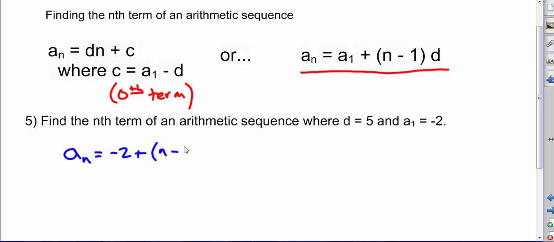I'm just going to leave n minus 1 as n minus 1 times our common difference of 5. Now that matches the format we see right over here. With a small amount of simplification, we can make this look a little bit better. So this will be 5n. We'd have minus 5 and minus 2, so 5n minus 7. It looks a little bit cleaner, but it's the same thing as what we see right above.